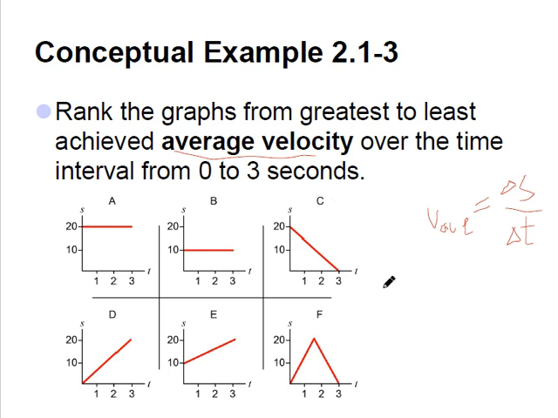Remember your average velocity means that we're gonna compare the total change in position over that 0 to 3 second interval, instead of the instantaneous point. So we have total time interval is 3 seconds, and we're gonna look at it.